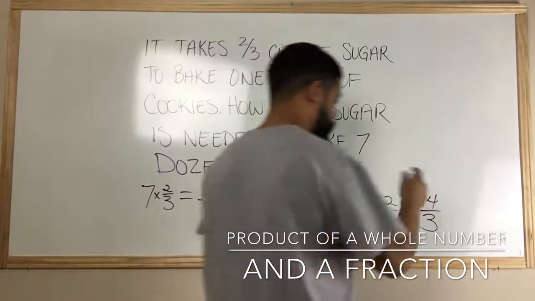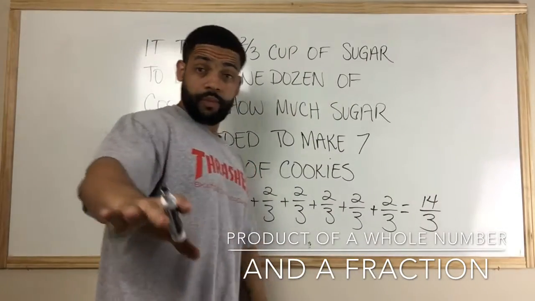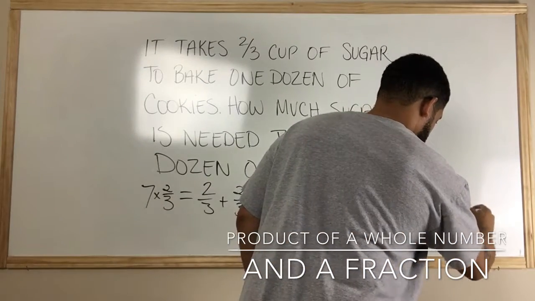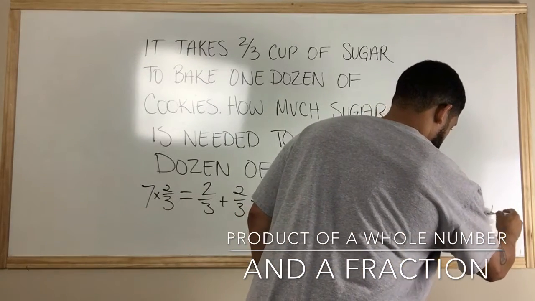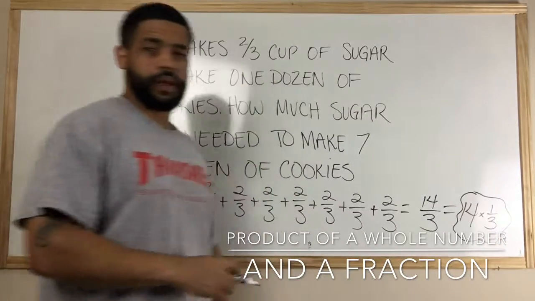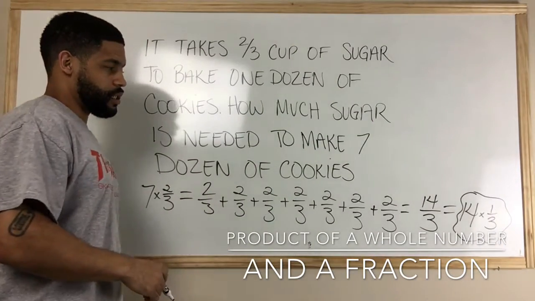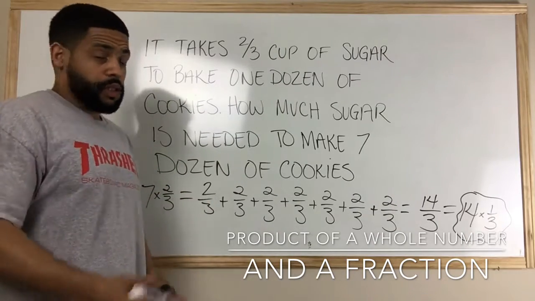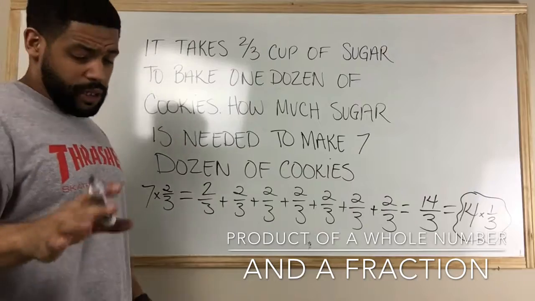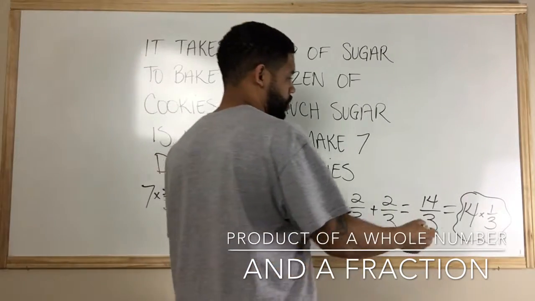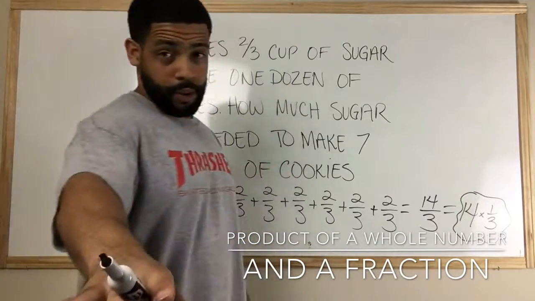So this particular way, we're focusing on a whole number times a fraction. We can rewrite this as 14 times 1/3. So it would take us 14/3 or 14 times 1/3 cups of sugar. But we want to really translate that, or I'm sorry, recompose it.